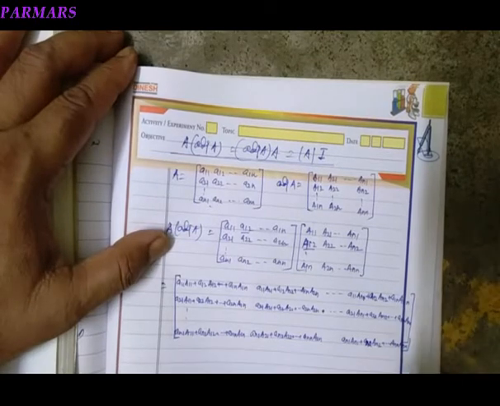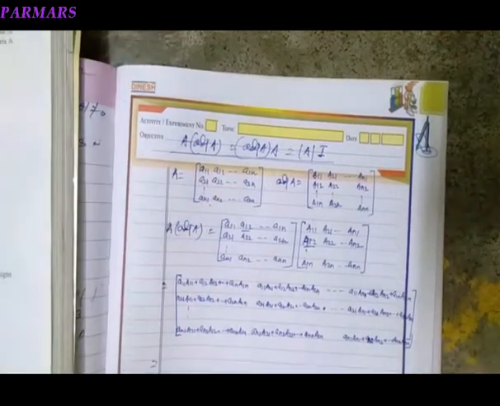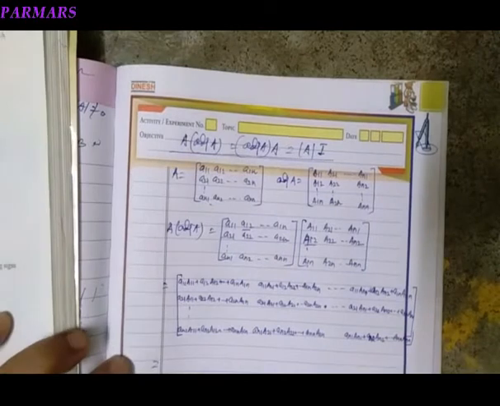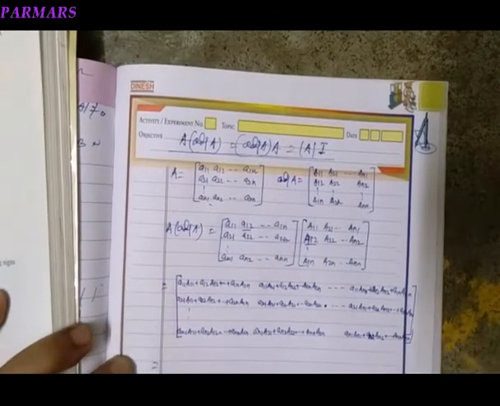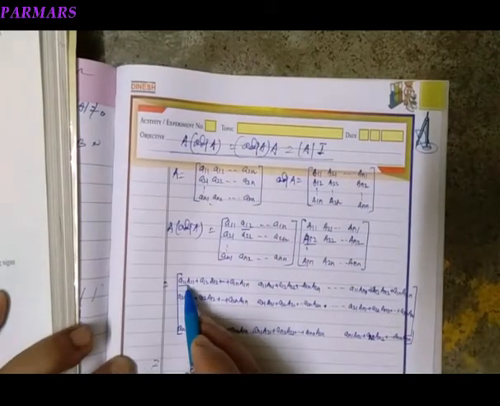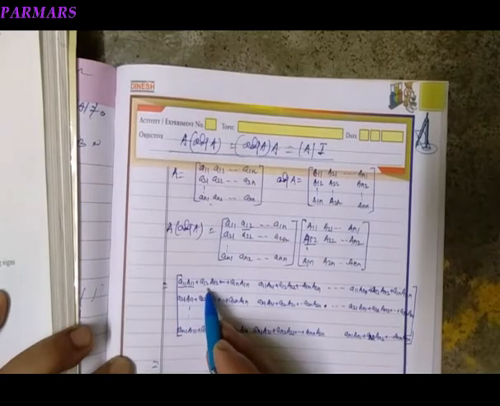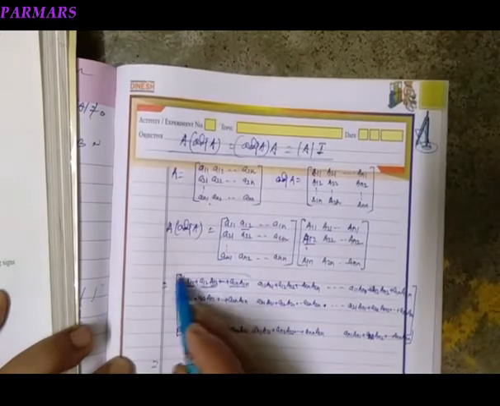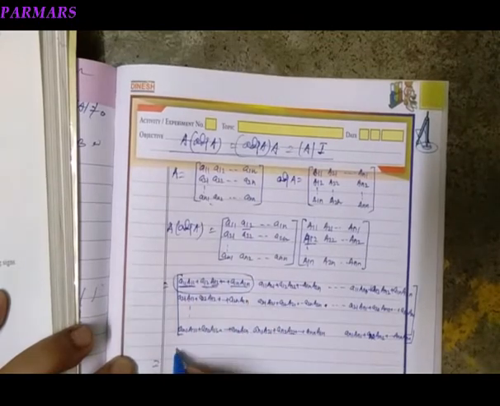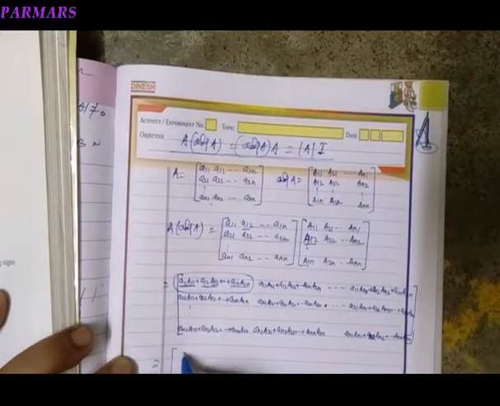Is it? Now I had given you the expansion of what you see: elements are multiplied with their corresponding cofactors and then summed, so the value of this determinant must be equal to what?